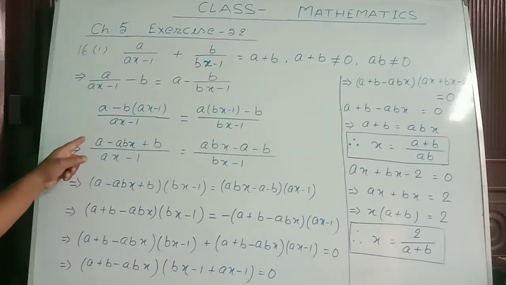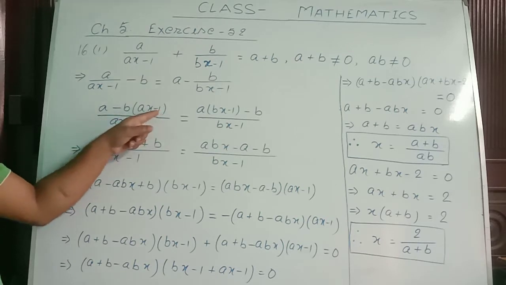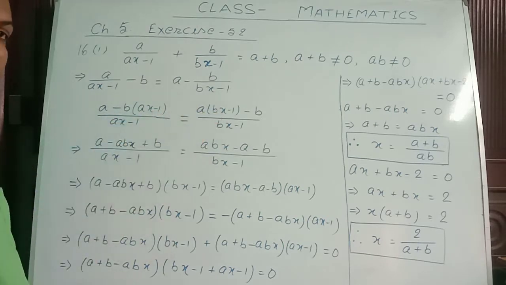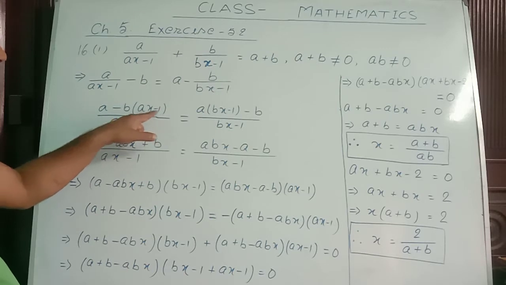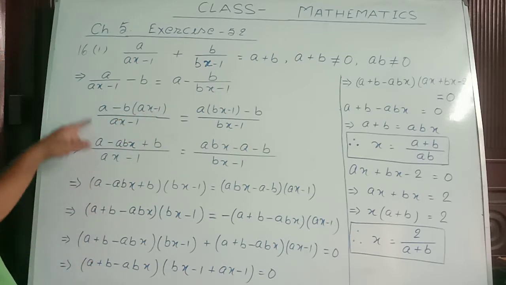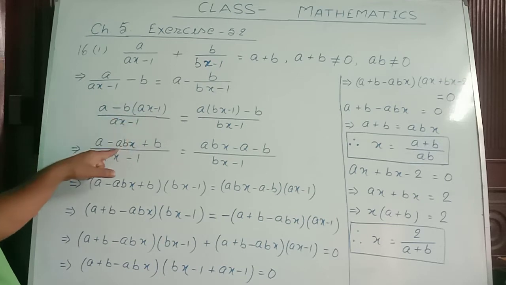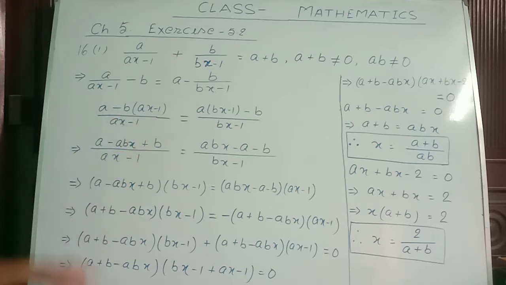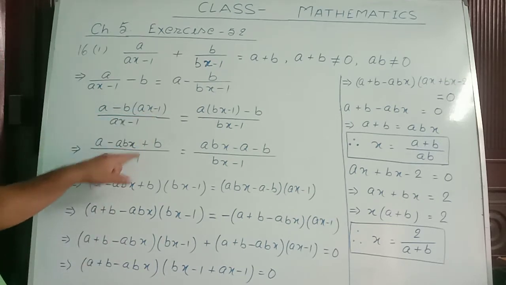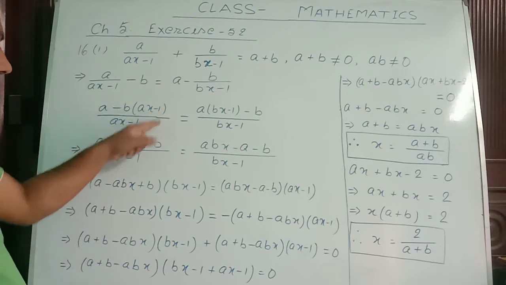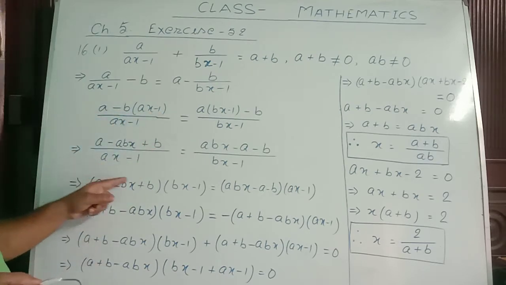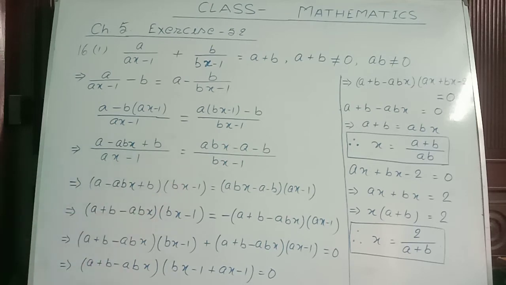Now, in this step, I have omitted the brackets. For that, I multiplied these two terms by minus b. A is followed the same. Minus came here. Minus plus minus b into ax, abx, minus minus plus b into 1, b by ax minus 1 equal to.